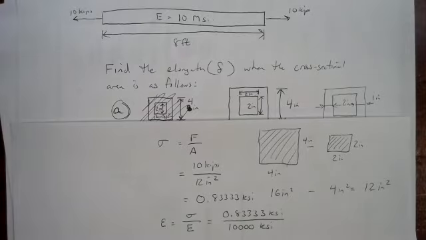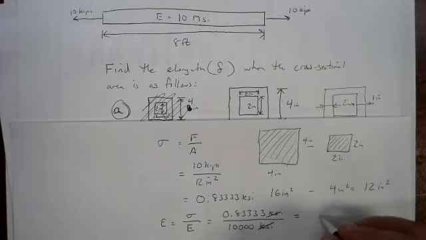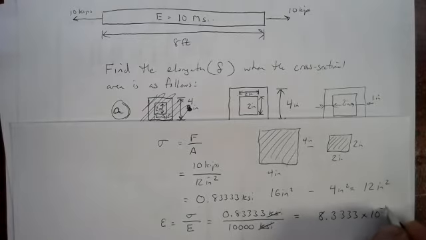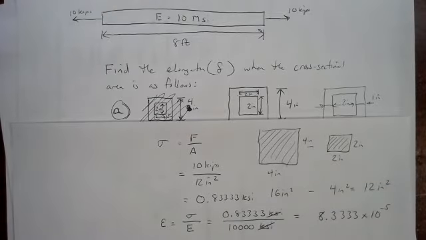That's my modulus. 10 MSI, 10,000 KSI. Now the units cancel out, and I'm going to get an even smaller value for my strain. Scientific notation can be helpful here. We'll use 8.3333 times 10 to the negative fifth, just to avoid having to write a whole bunch of leading zeros.